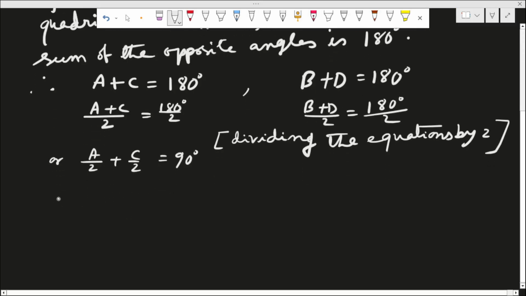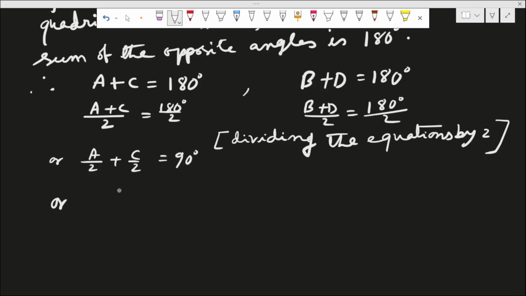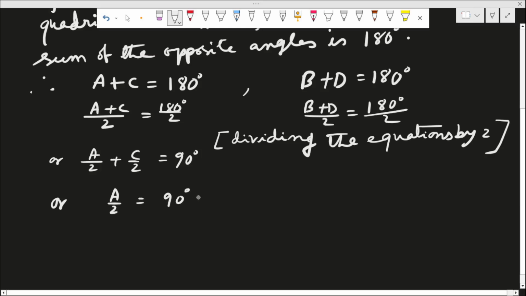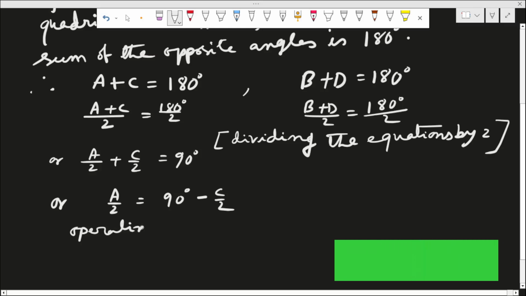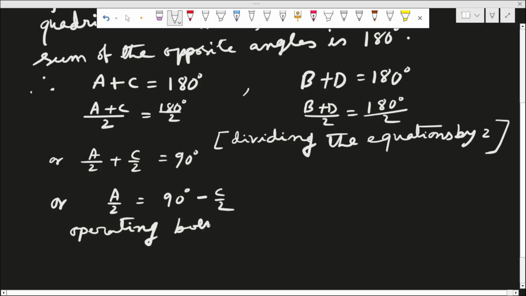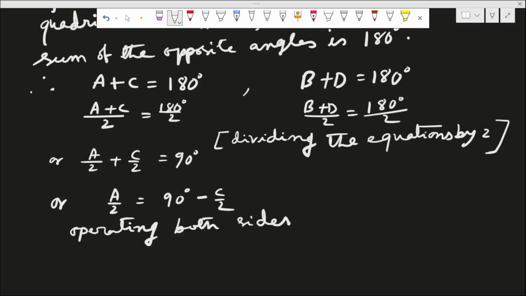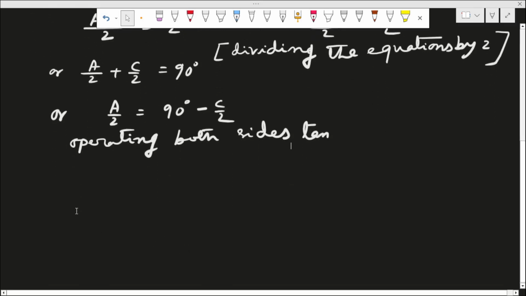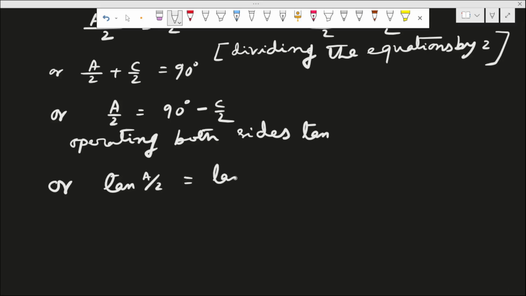First do this side. From this equation, we may find A by 2 is equal to 90 degrees minus C by 2. Operating tan on both sides, it is reduced to tan A by 2 is equal to tan of 90 degrees minus C by 2.